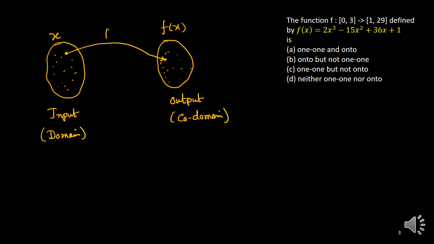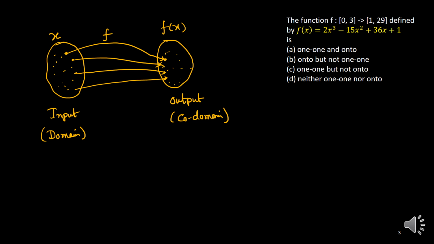This function is defined in this way. So I'll choose one point from the input x, then I'll evaluate the function value, which will be in the output space. This point is mapped to this point, and this is mapped to this point, like that.